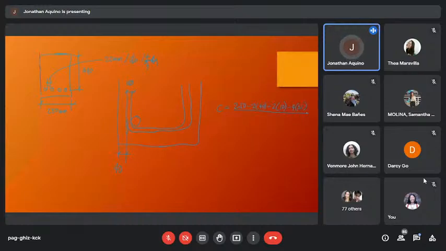So yung clear distance natin is 250 minus 2 times 40 minus 2 times 10 minus 4 times 25 divided by 3. So clear distance lang natin is 16.67 millimeter. So this is less than 25 millimeter.